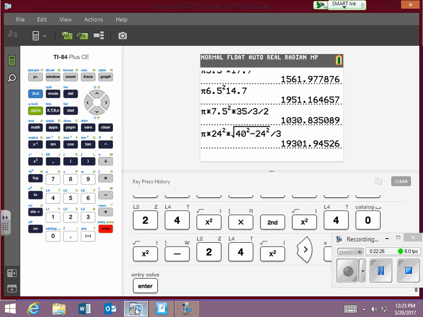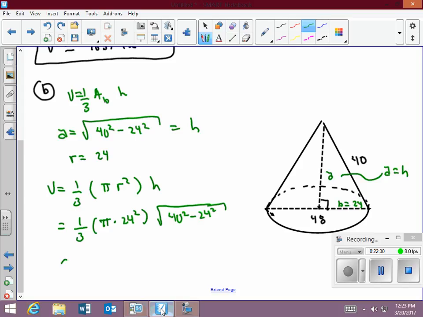And we had 19,302 approximately. And it is feet cubed.